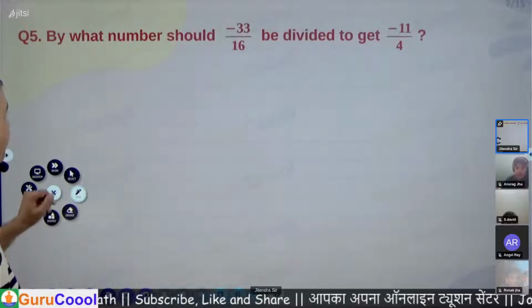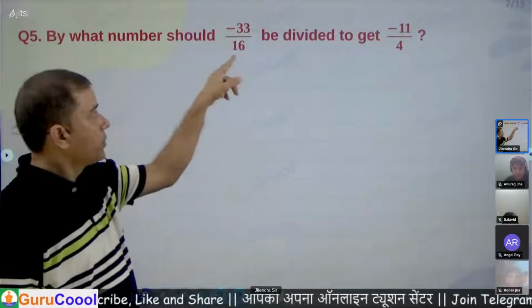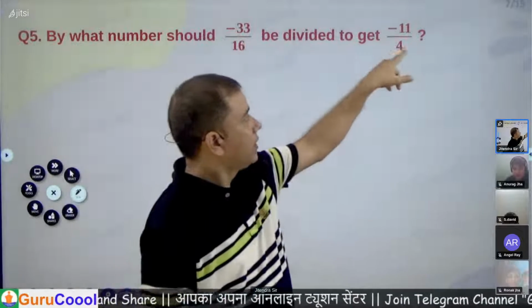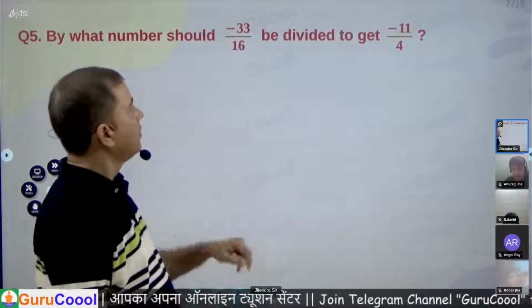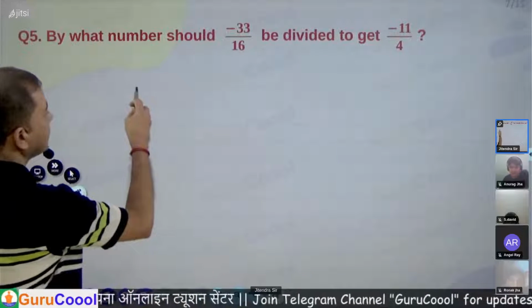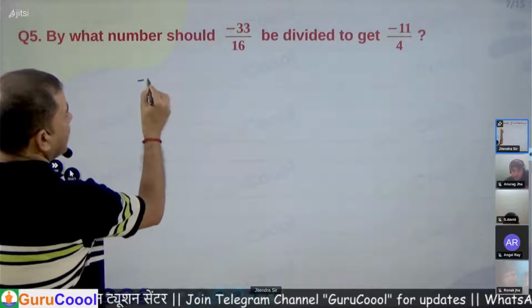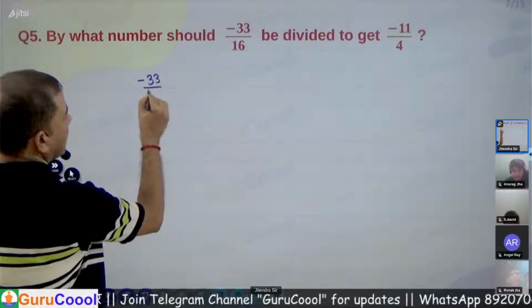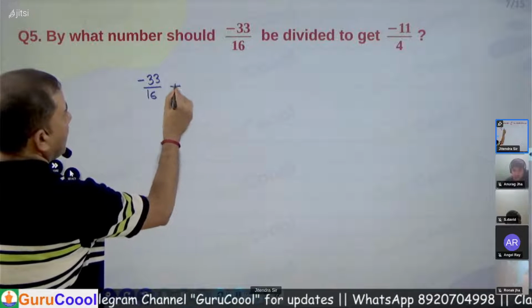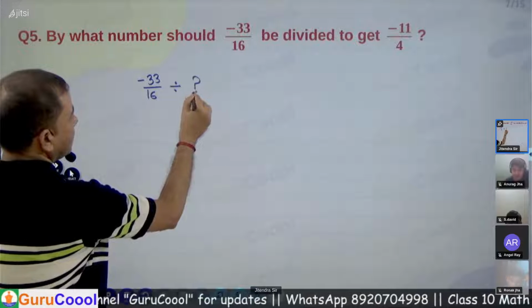Next, by what number should this be divided to get this? Question is telling minus 33 by 16 should be divided by what number?